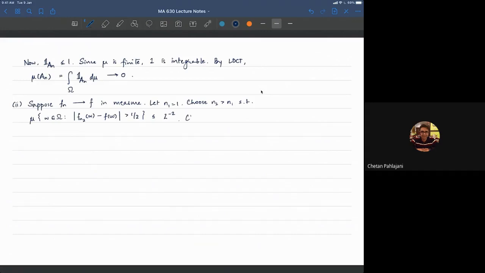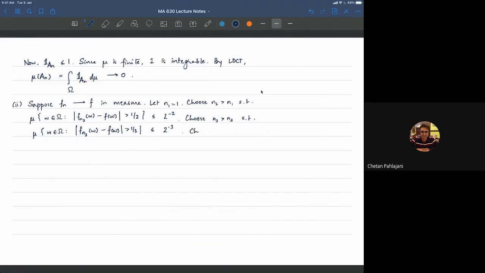Then I will choose, let me bore you a little bit with this and then we'll see what the pattern is. Choose n3 greater than n2 such that μ of the set of all ω in Ω such that |fn3(ω) − f(ω)| > 1/3 is less than or equal to 2^(−3).